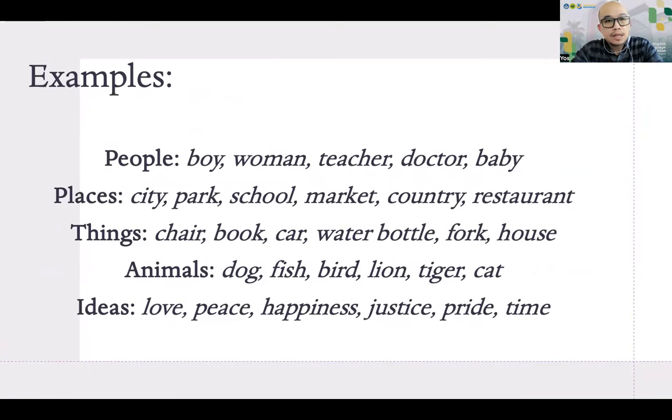Places like city, park, school, market, country, restaurant. Things like chair, book, car, water bottle, fork, house. Animals, dog, fish, bird, lion, tiger, cat. Ideas like love, peace, happiness, justice, pride, and time. Those are the examples, the instances of common nouns.